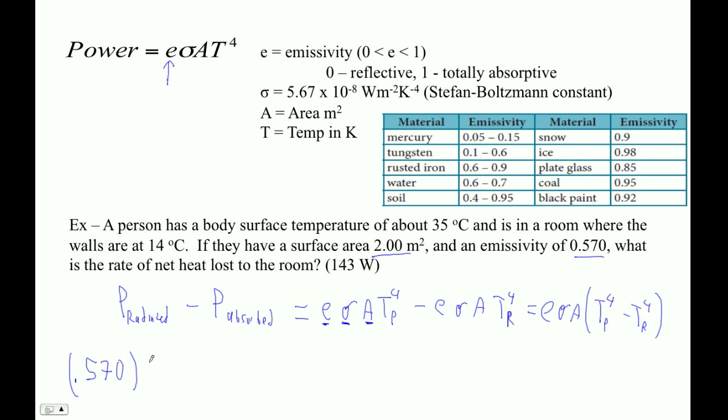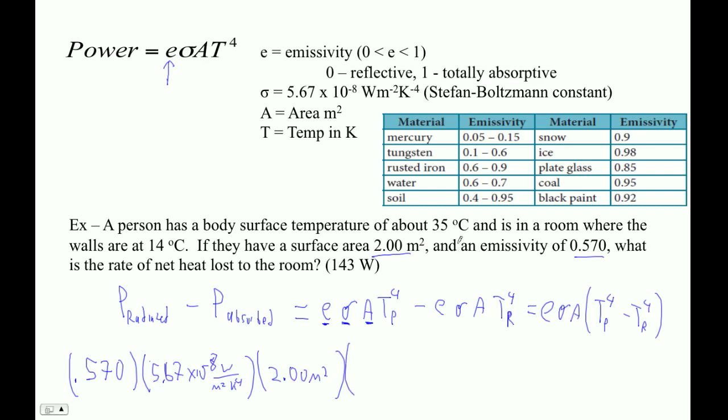Okay, so let's see, and then times 5.67 times 10 to the minus 8th watts per square meter Kelvin to the fourth, right? Times the area, which is 2 square meters. That's about right. Your body has about 2 square meters of skin, right?